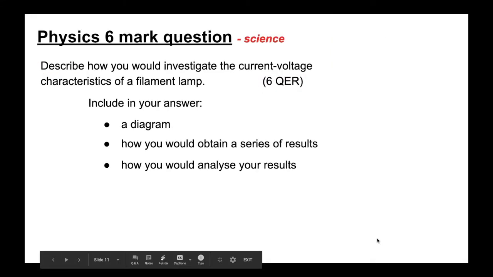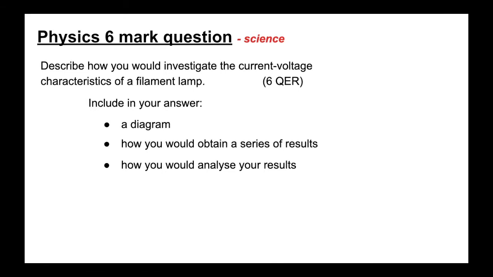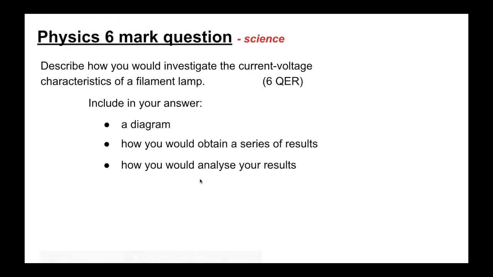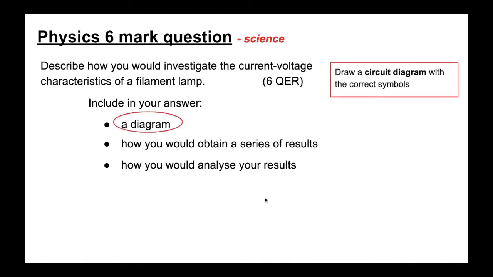So what about the science that you need to include? Well, this question is set out quite nicely because it gives you the 3 bullet points to point you in the right direction. Sometimes the question doesn't do that and you need to pull it out of the question. You need to work out what's needed. So clearly the diagram in this case is a circuit diagram with the correct symbols.